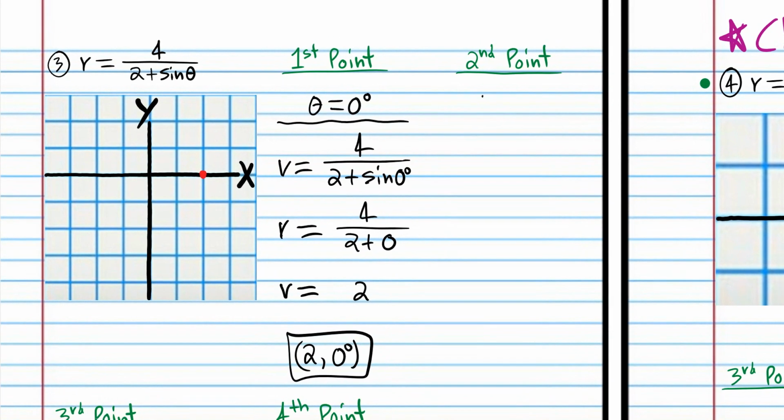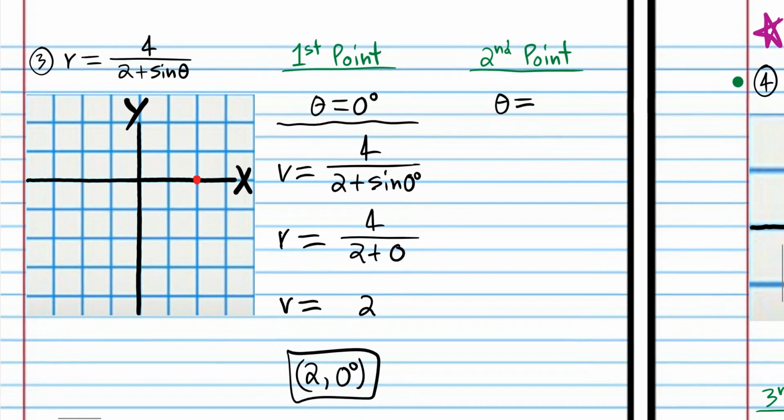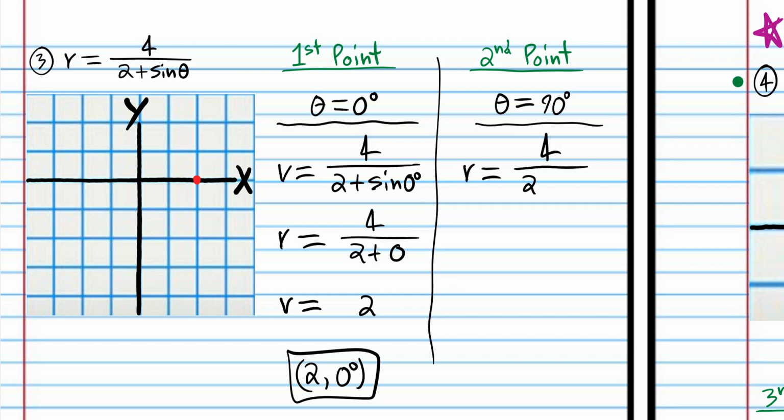Okay, so now let's try, I don't know, what else should we try? Maybe we can try 90 degrees. So let's plug that in, and we get 2 plus sine 90 in the denominator.